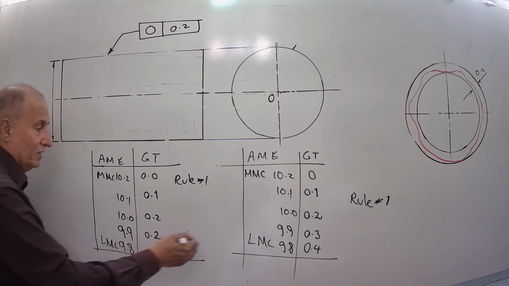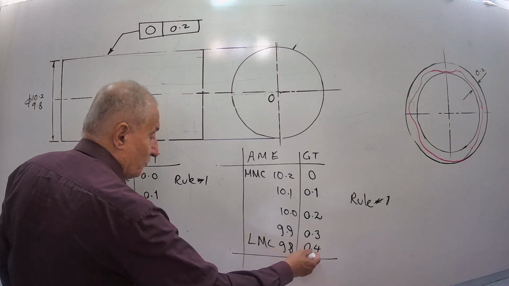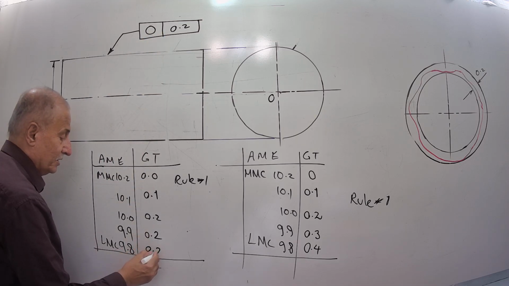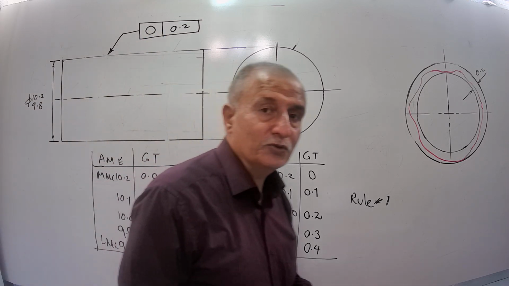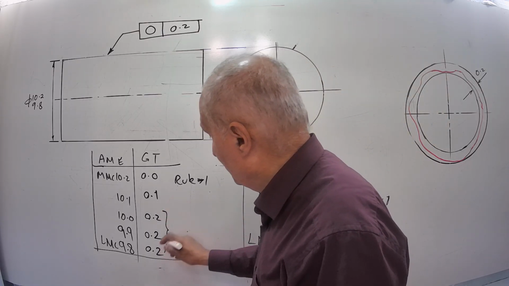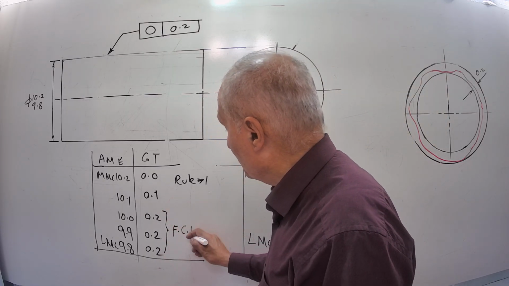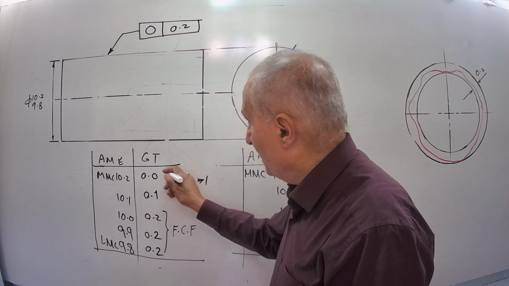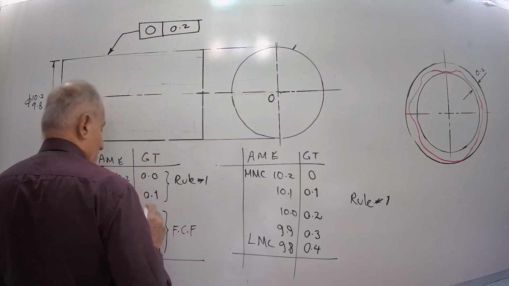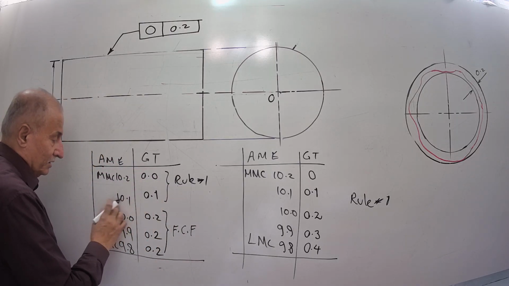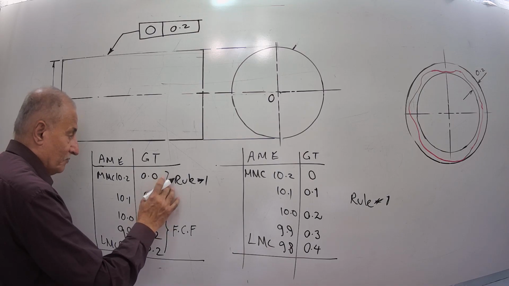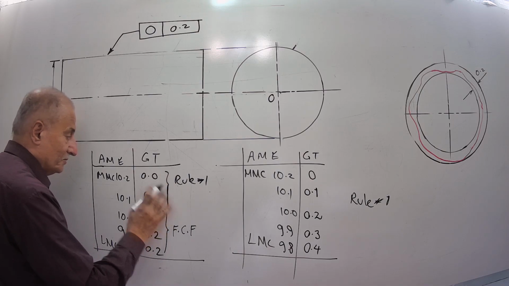And for this one, rule number 1 says you can have 0.4 error, but the geometric tolerance here limits it to 0.2. Then here you will see that the feature control frame controls the sizes, and rule number 1 controls the rest. It depends on how many sizes we have between these two steps. Rule number 1, we can say, controls till here, 10.2.